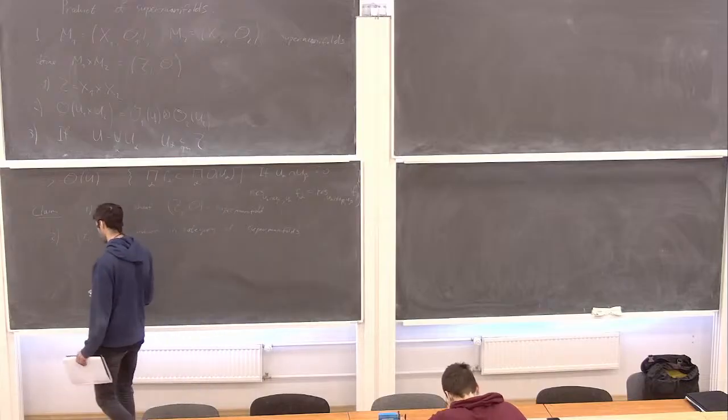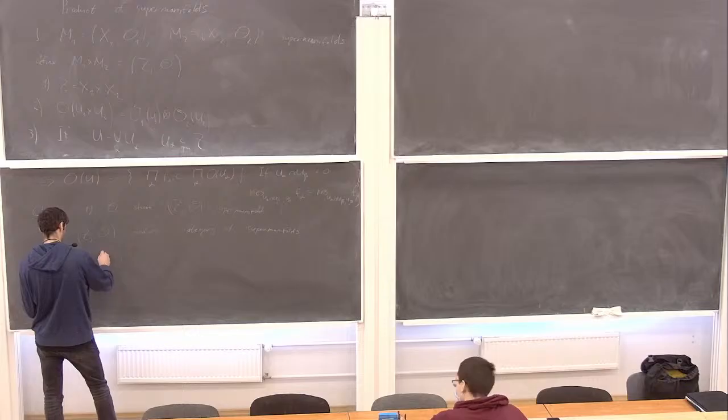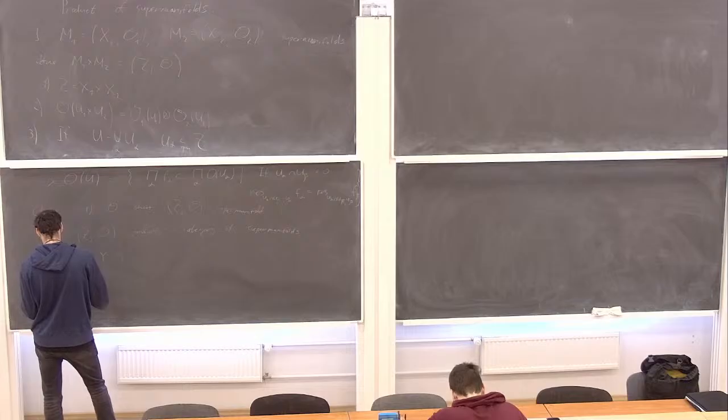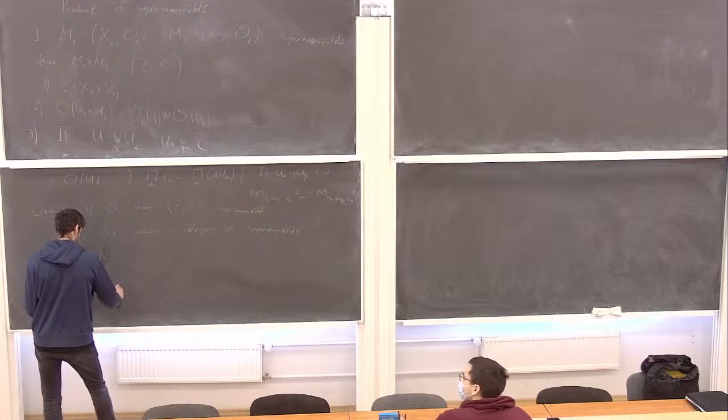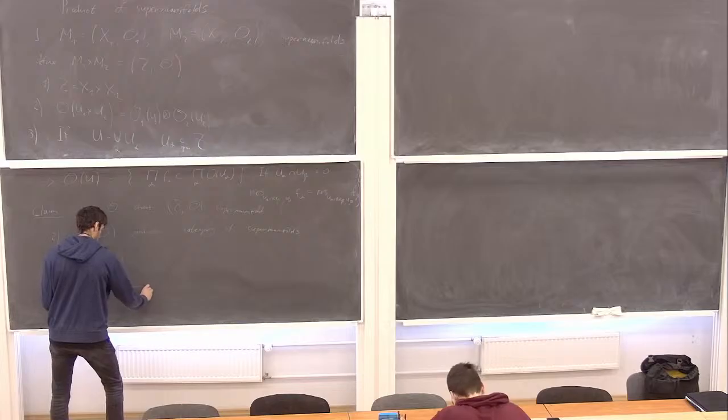Meaning that we have this commutative diagram, right? If I have some supermanifold N, and I have M1 times M2 here, I have projections to M1 and to M2.